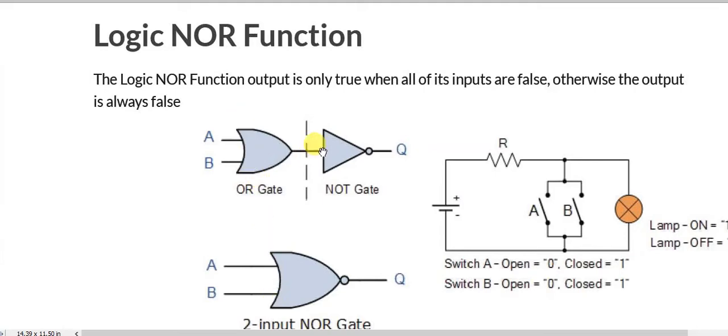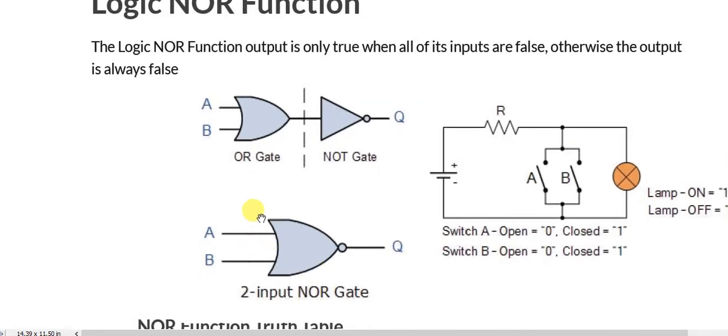This is the equivalent circuit we represent, but the typical actual representation is an OR gate with a bubble right at the tip. This represents a NOR gate, meaning the OR is inverted: whatever the output of the OR gate is, you take that output in inverted form. So that is the typical NOR gate.